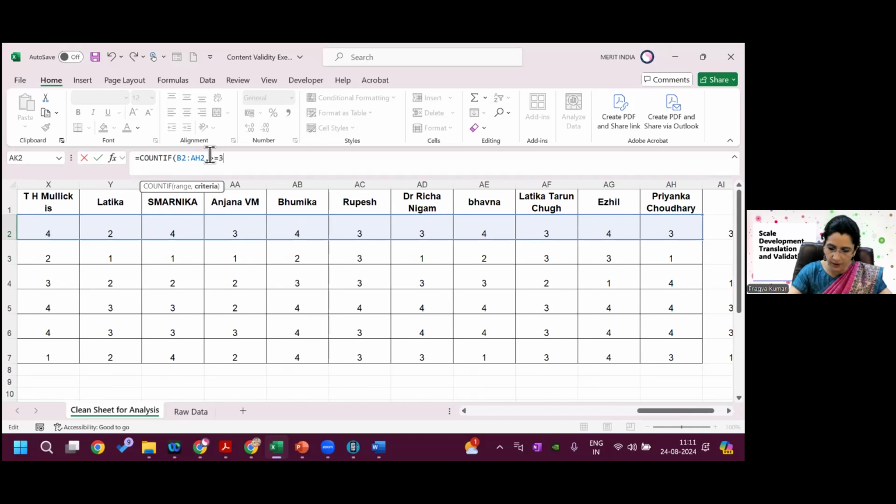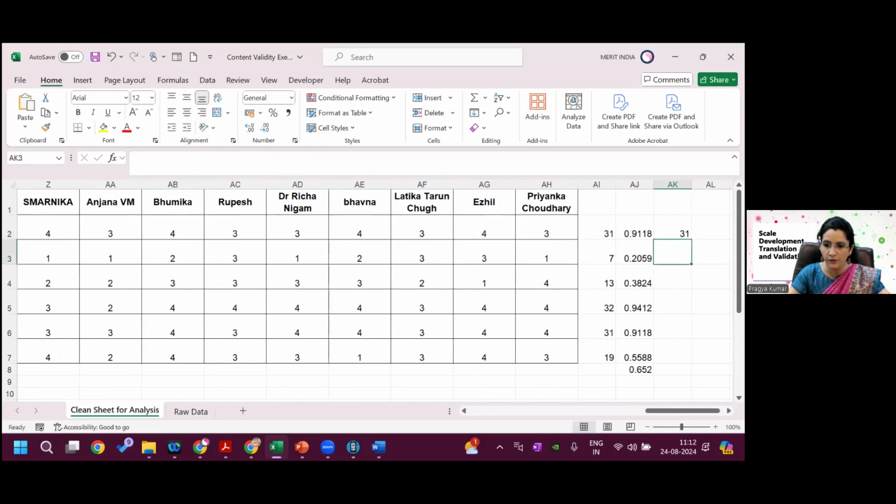But you have to put it in double inverted commas. And then press enter. So if you see, you will get the number of people. For item number 1, 31 people out of 34 have given 3 or 4.